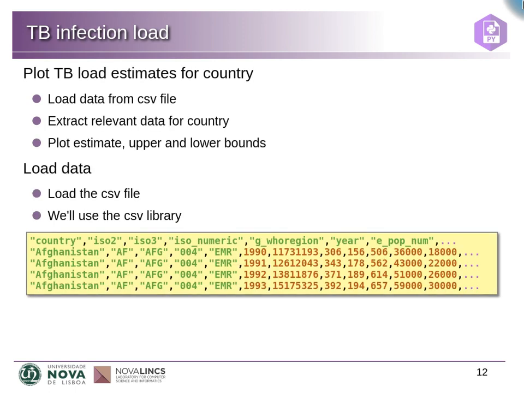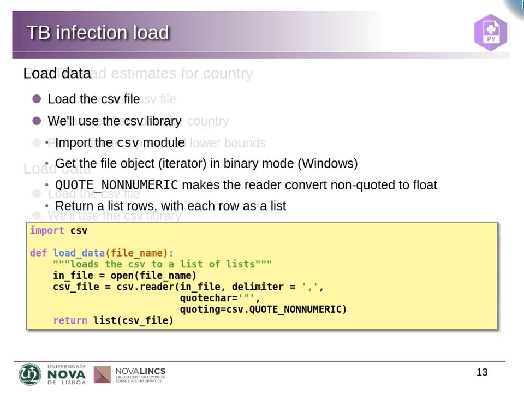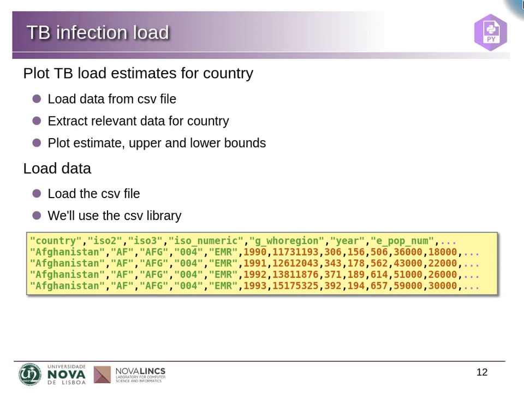The delimiter is a comma, which is what separates the values. And then we also ask to quote values that are not numerical. So basically, things that are like this, it will retain as strings. If they are like this, it will convert them to numbers when we get the result. Because we don't want these values as strings, we want the actual numbers.